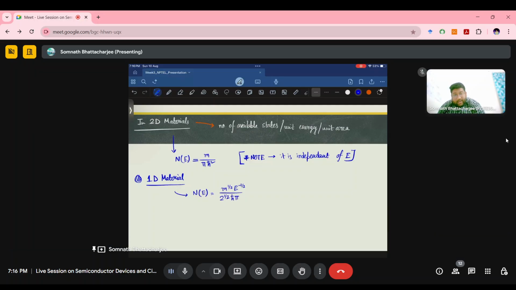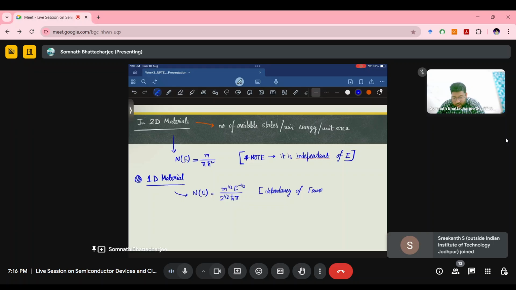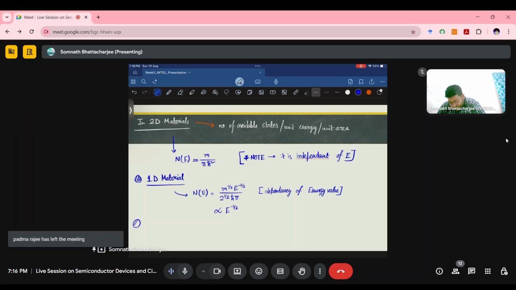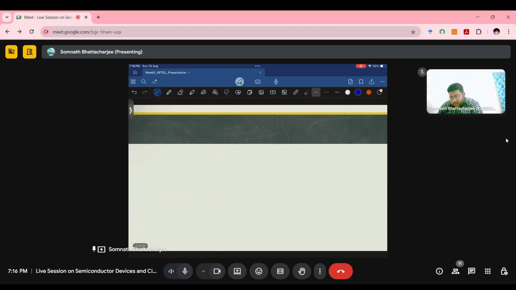In this case there is again a dependency on energy values, and the dependency is E to the power of minus half. For 0D materials, the value of n is nothing but the energy state. So this is the basic concept we have learned from this.